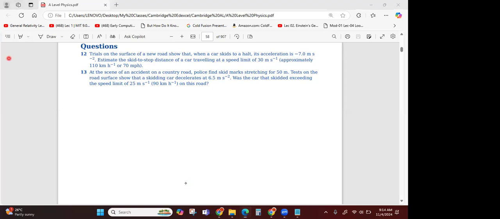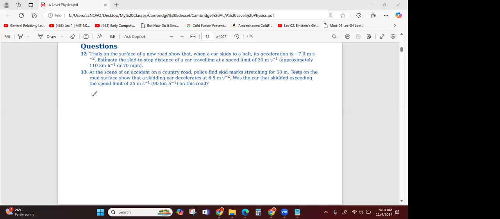Trials on the surface of a new road show that when a car skids to a halt, its acceleration is -7. So minus means it's a deceleration, -7 meters per second squared. Estimate the skid to stop distance of a car traveling at a speed of 30 meters per second.